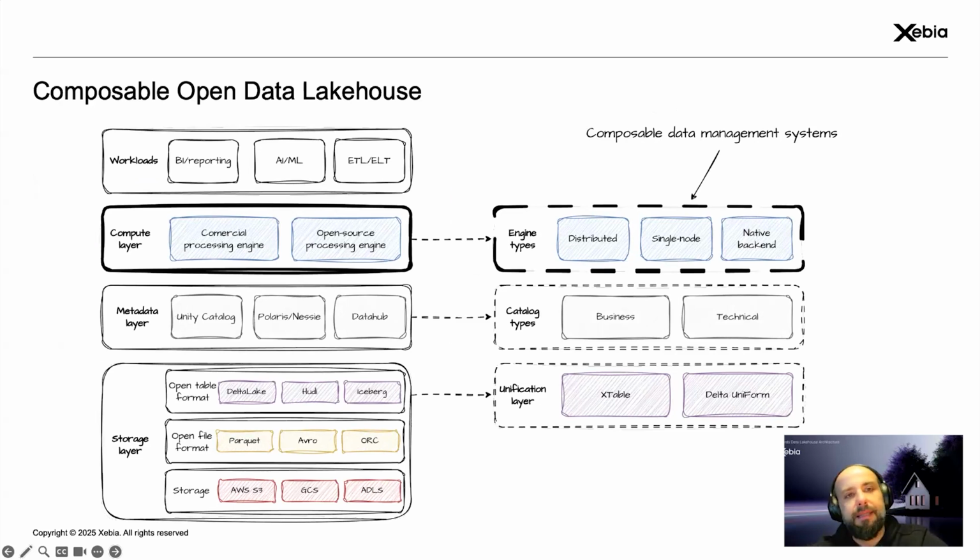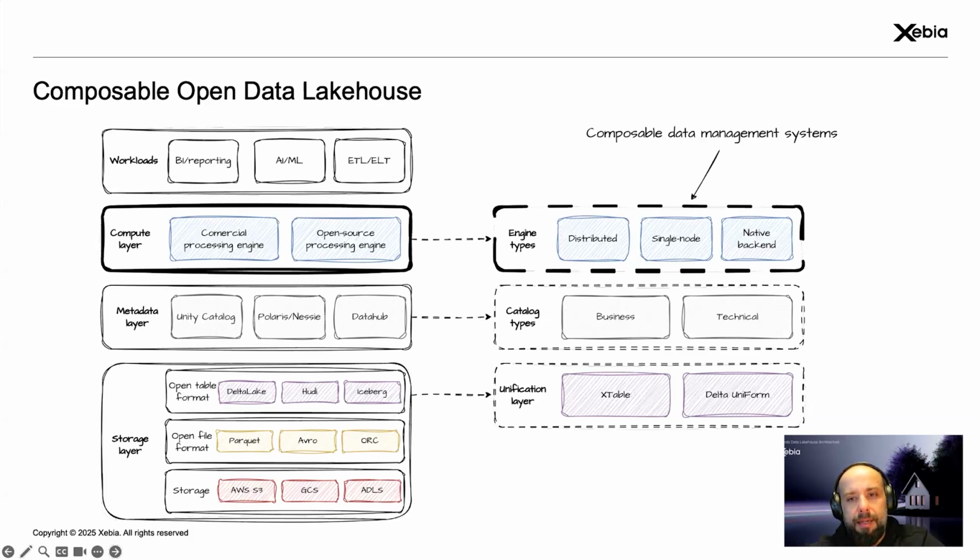We also discussed that the metadata layer is modular and composable nowadays, meaning we have a few options when it comes to metadata management: business and technical catalogs. And finally, today we're going to focus on compute, which is even more composable. We have even more options to choose from.